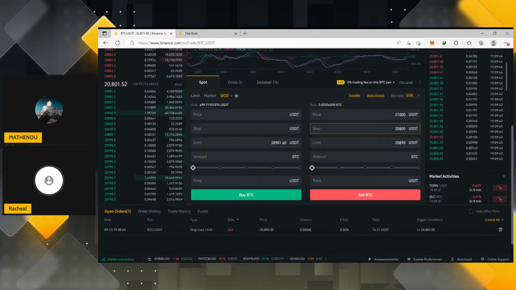That means that if it gets to 20,800, my limit order of selling at 20,890 is going to be in the order book. So that is the OCO order.